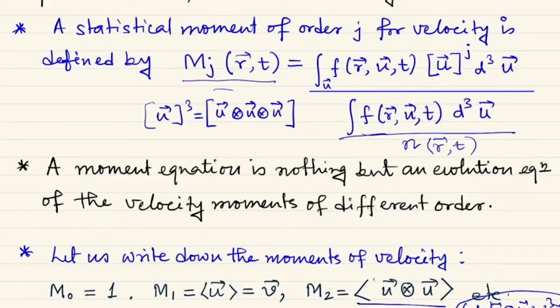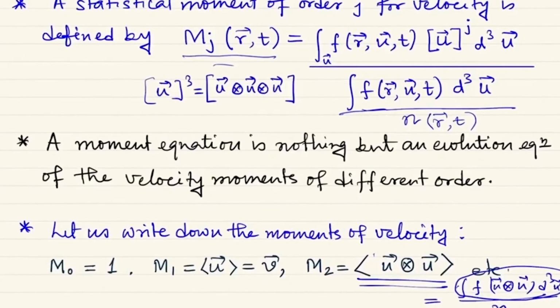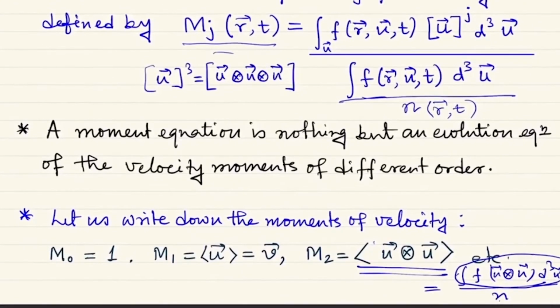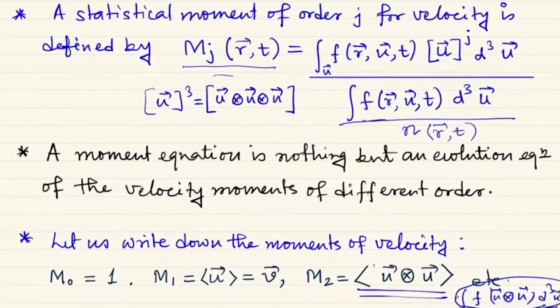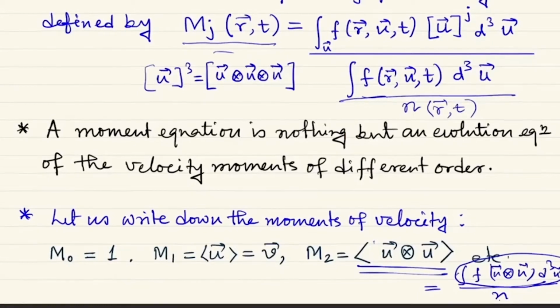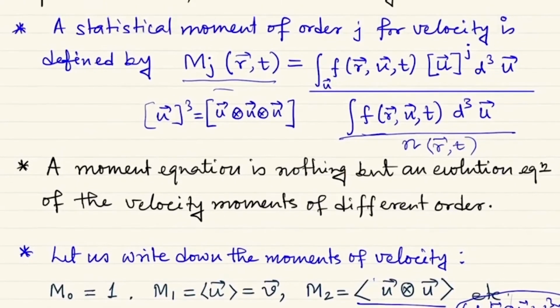So that should be clear. I am not sure whether it was perfectly visible, so once again, the angular bracket means the integration of that quantity along with the distribution function in the velocity space divided by the number density.